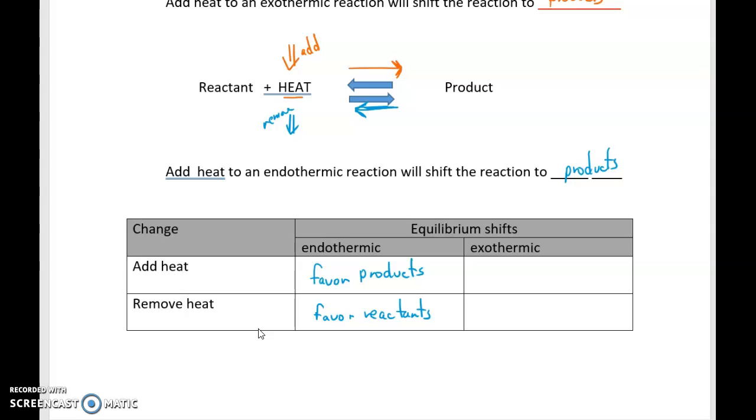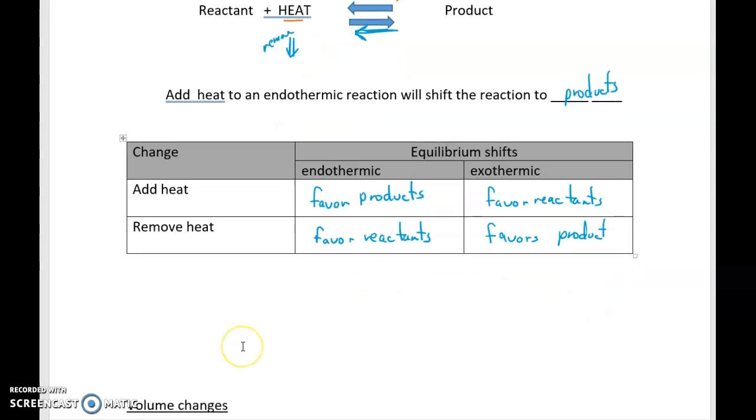Exothermic process, add heat favors the reactants. And removing heat favors products. So we can use the temperature that we run a reaction at to make a reaction more favorable so that it goes to completion.